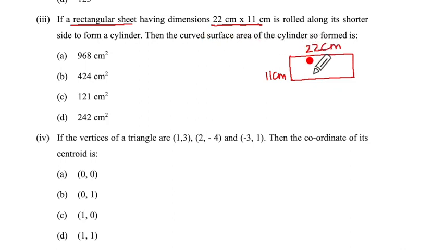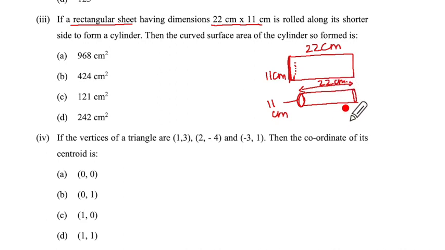When we roll it along the shorter side, this one going up like that, it will form this type of cylinder. Now this is going to become the circumference over here. So this will be your 11 centimeter and this is your 22 centimeter.